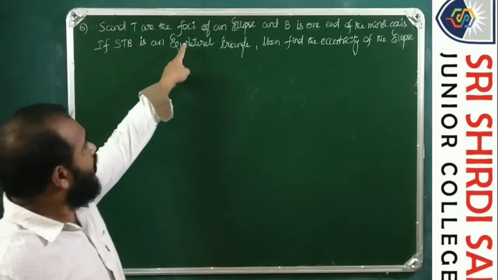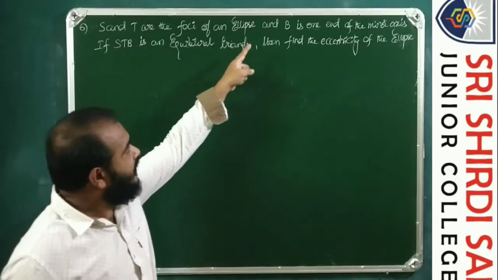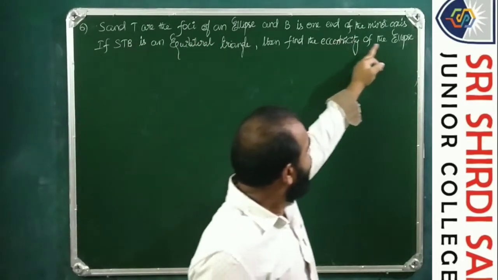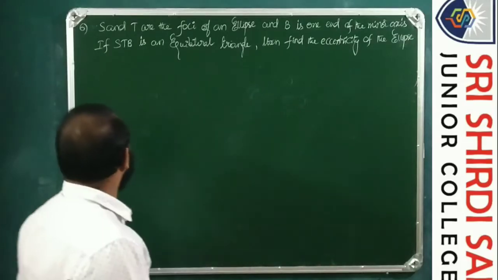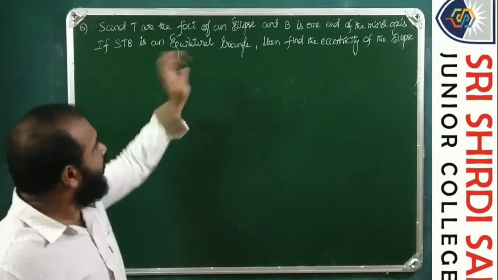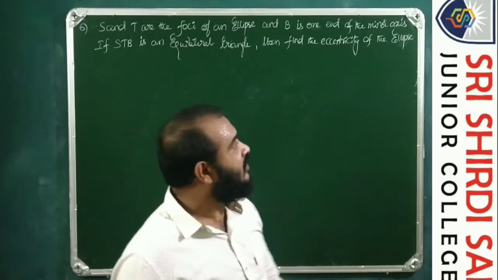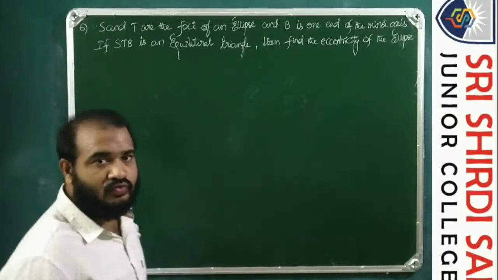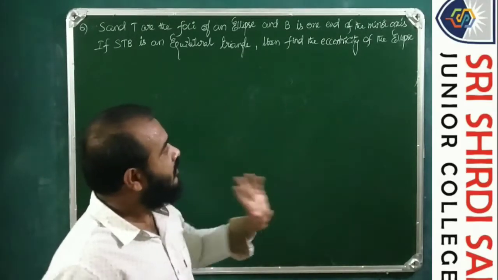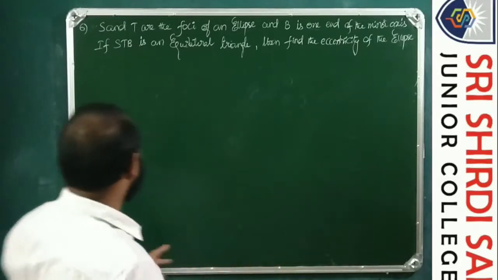S and T are the foci of an ellipse and B is one end of the minor axis. If SBT is an equilateral triangle, then find the eccentricity of the ellipse is what we need to find. Eccentricity of this ellipse.